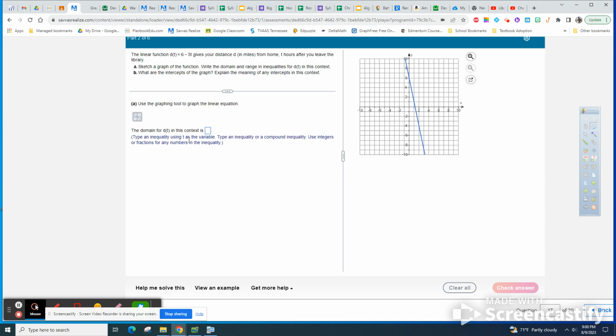Okay. Type the inequality using t as the variable. So we don't use x and y. We're going to use t.